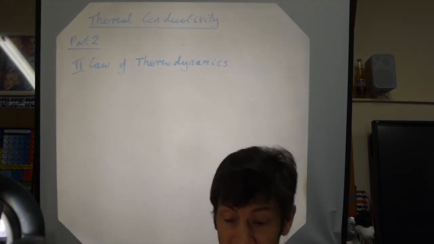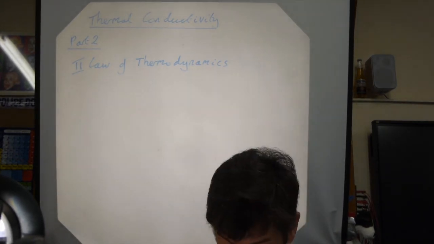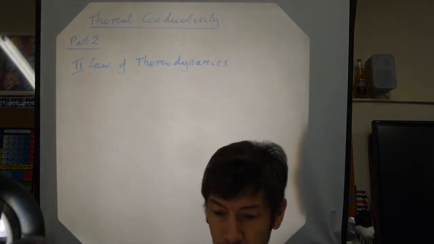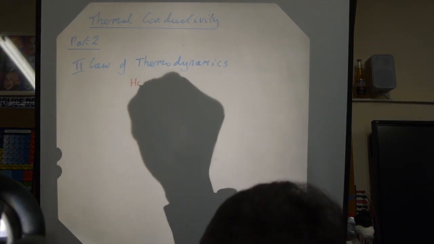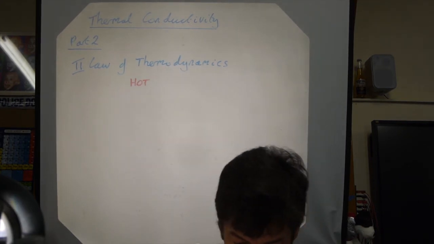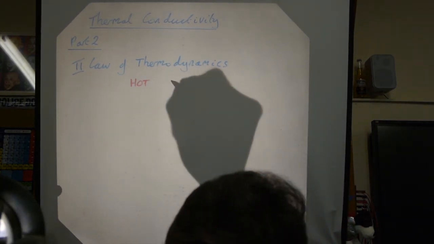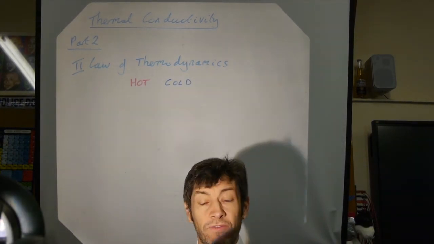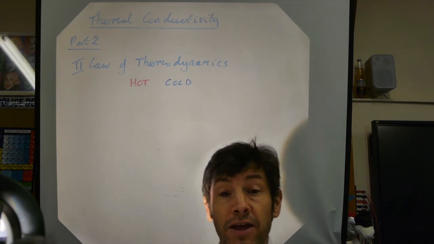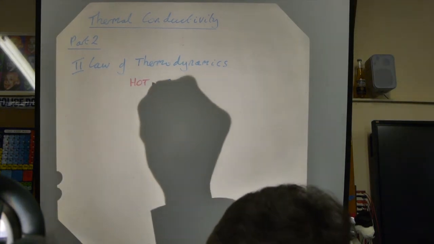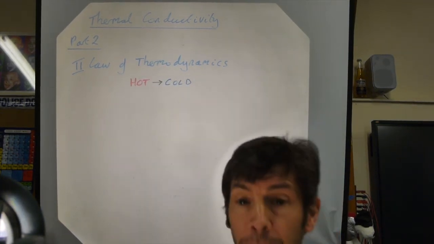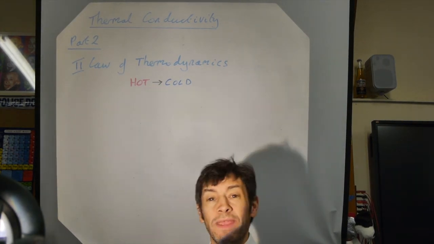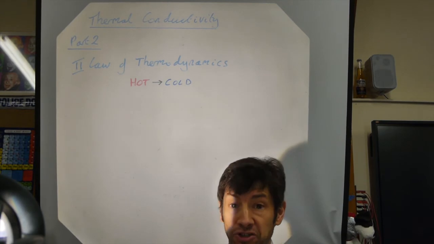And what the second law of thermodynamics basically says is that if you've got a hot place next to a cold place, it states perhaps something that you think is very obvious, but if that's the case, then the heat energy will always move from the hot place to the cold place on average, and what it will try and do is equalize the temperatures.